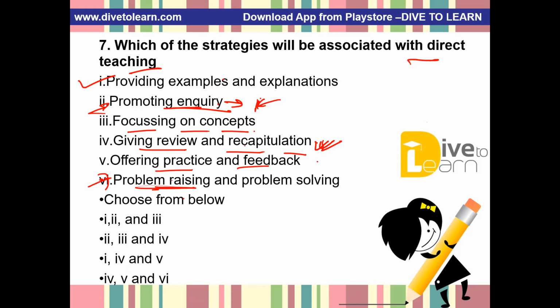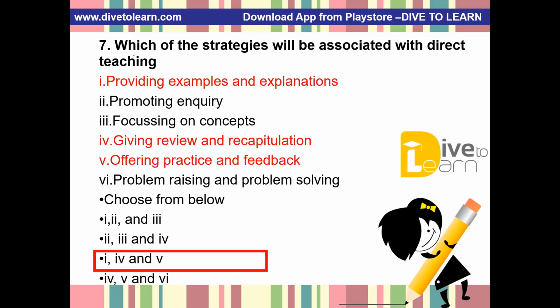So if problem raising is the indirect teaching, I will eliminate this one. So in exam these are little heavy questions, you can eliminate certain options like promoting inquiry, because promoting inquiry will not be a direct learning. So the options with two I can also eliminate. This brings me to only this option. Okay, that's how you have to solve these kind of questions in exams.